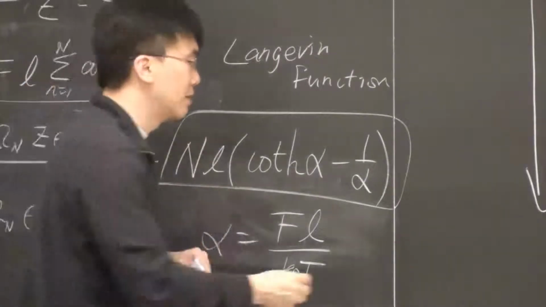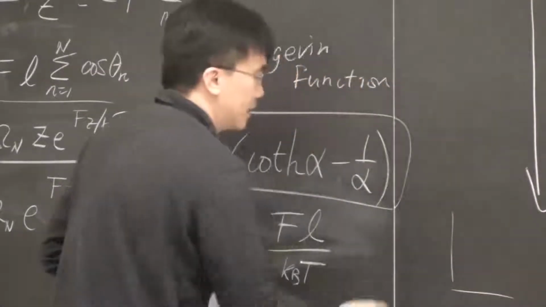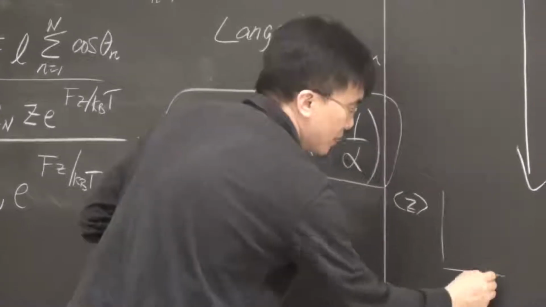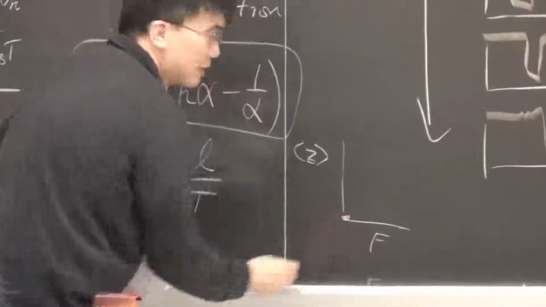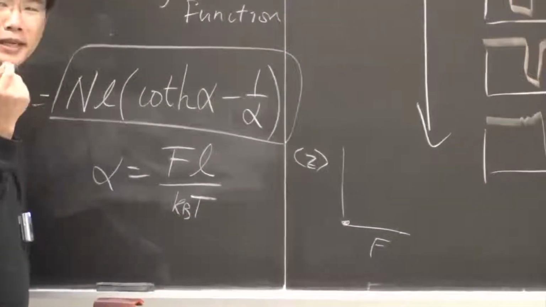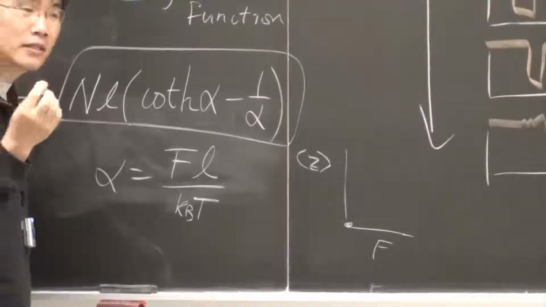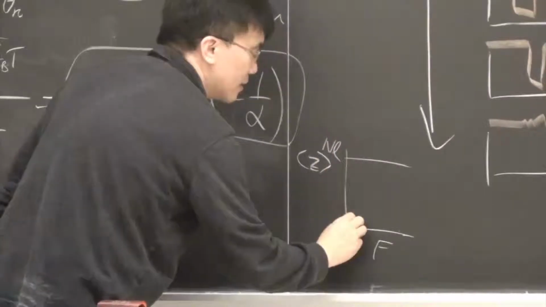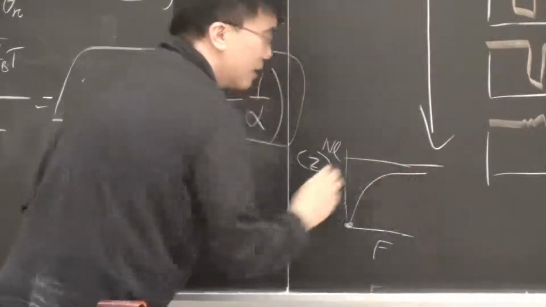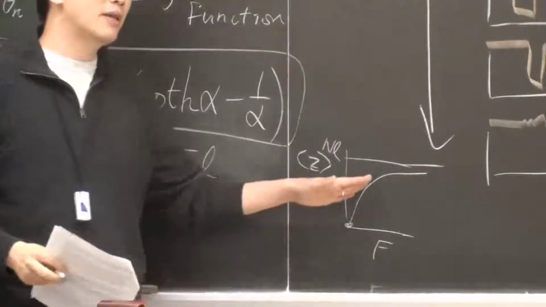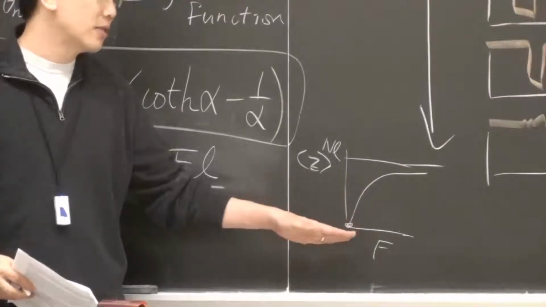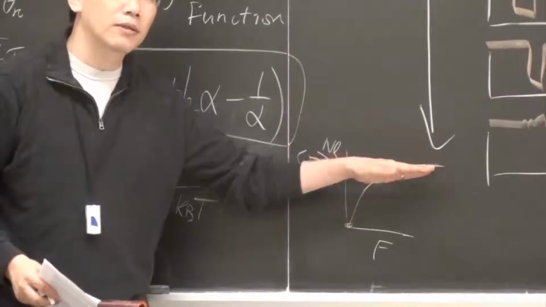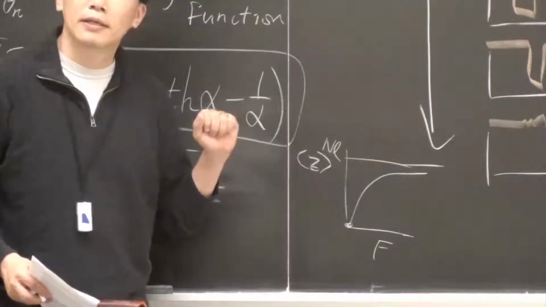This z average as a function of force will start at 0 at 0 force, end-to-end distance averaged is 0, and then it'll eventually saturate to n times L. So it'll approach that. Same as the magnetization, right? Magnetization as a function of B field will be 0 at the beginning, and then it'll saturate. So you have something like this.